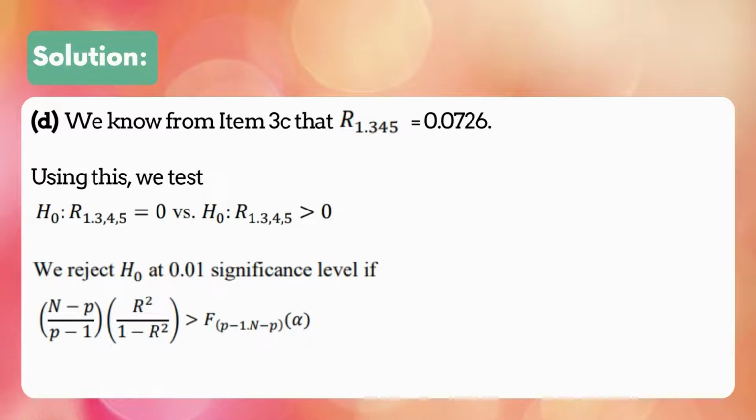The decision is to reject the null hypothesis at 1% significance level if (n minus p) divided by (p minus 1) times r squared divided by (1 minus r squared) is greater than the F tabular value with degrees of freedom equal to p minus 1 and n minus p at 1% level of significance.